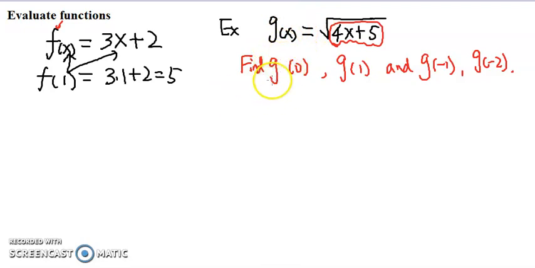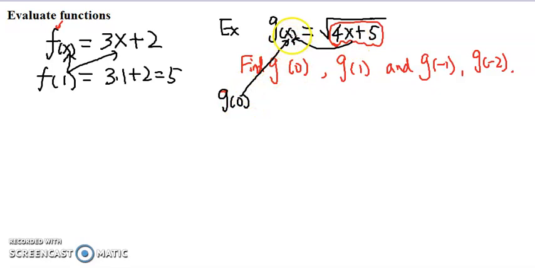So let's see how we find g of 0. When we look for g of 0, remember this number in the parentheses corresponds to the variable x. So in the function, that x is the same x, and it is going to be 0.